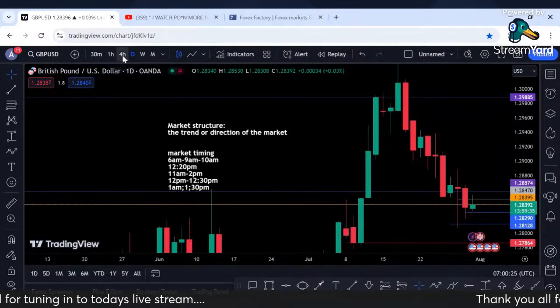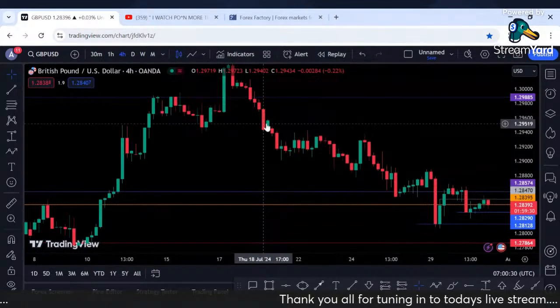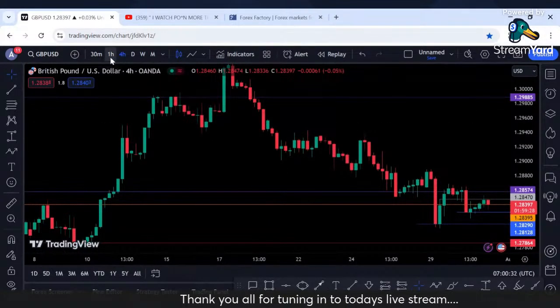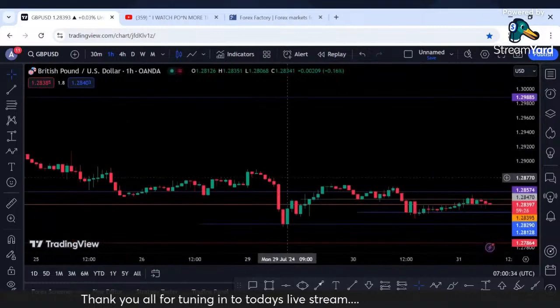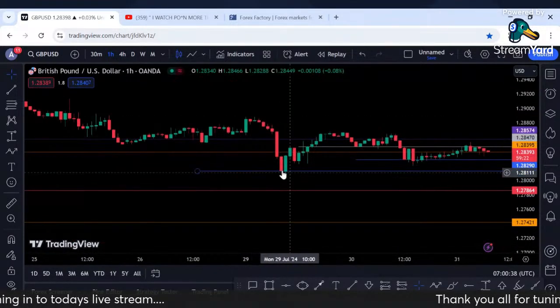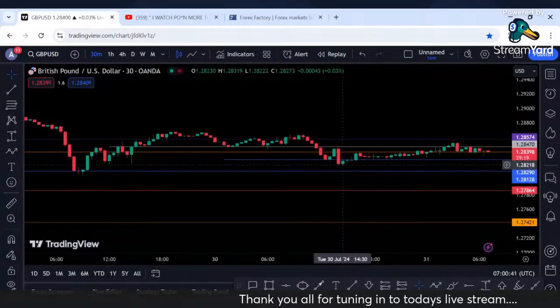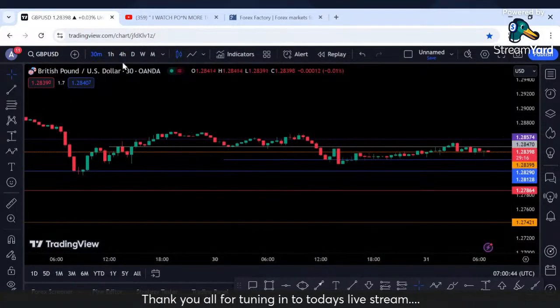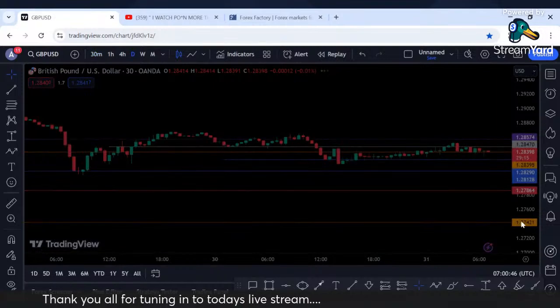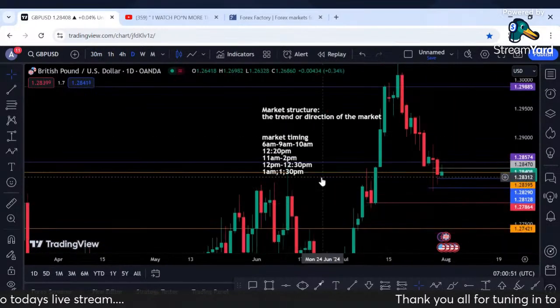So when it moves to the H4 time frame, for every 4 hours, a candle is formed. When you move to the H1 time frame, for every 1 hour, one candle is formed. When you move to the 30-minute time frame, for every 30 minutes, a candle is formed. So that's the meaning of those time frames. You get it?